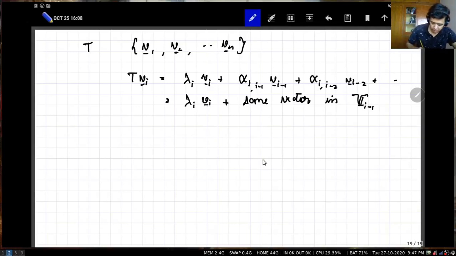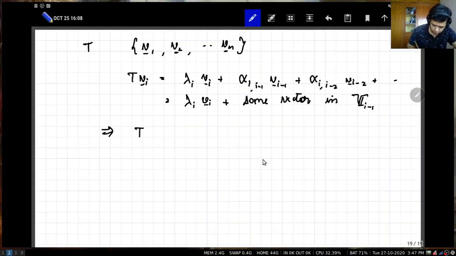And in particular, this just follows from the fact that T is a triangular matrix and v1, v2, up to vn forms a flag basis for A, right?